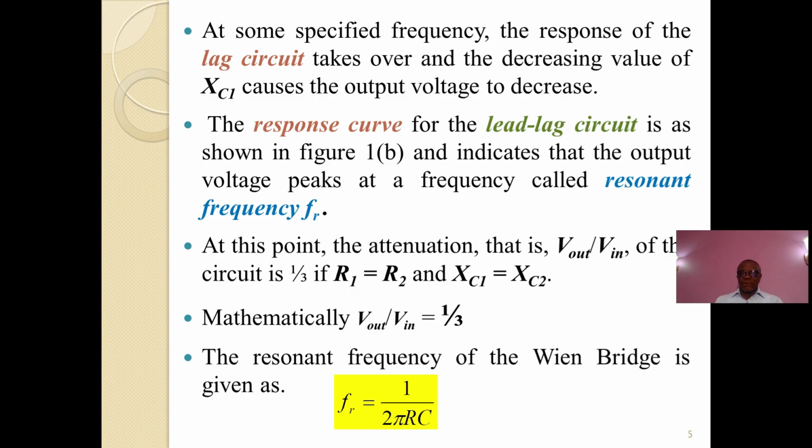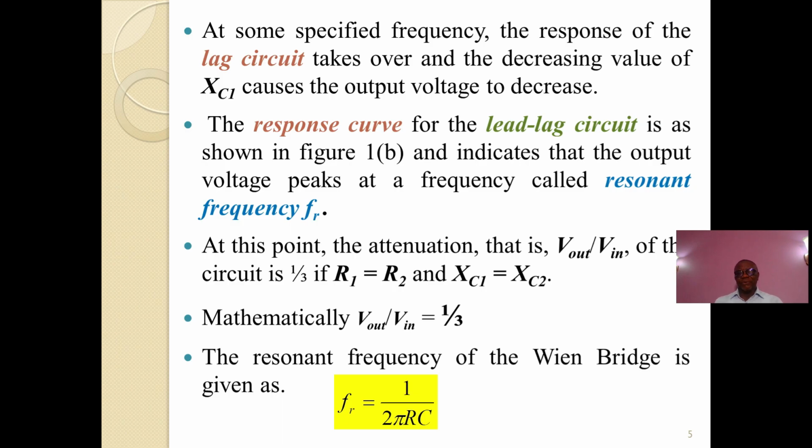So the resonant frequency of the Wien bridge is therefore given as F subscript R equals 1 over 2 pi RC. If you look at that equation, you see that the only variables you can have there are the value of R and the value of C.